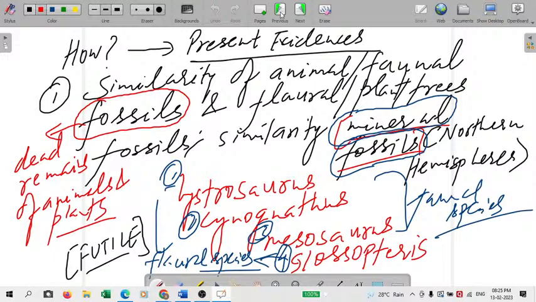How is it possible that if the continents were not together as Pangea, they would float across the ocean to a different continent for thousands of kilometers?